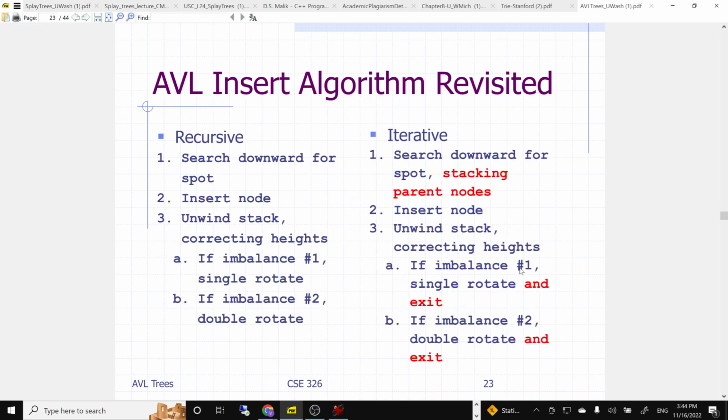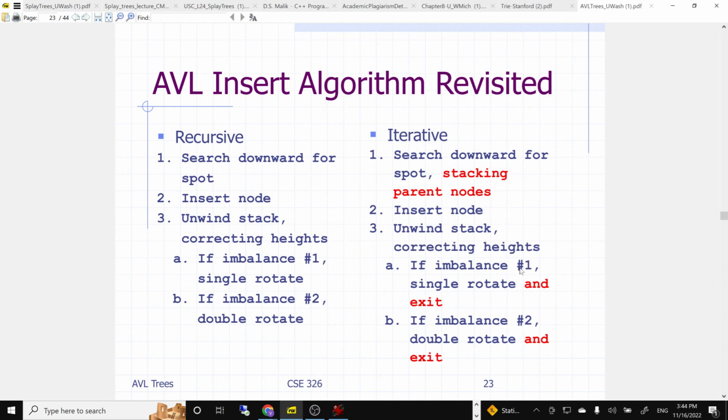So let's revisit this algorithm. Recursive search: you search for a spot, insert the node, and you unwind the stack correcting heights. If you have the first type of imbalance, single rotation, or if imbalance number 2, double rotation. Recursive implementations are probably easiest to implement. For iterative, you need a stack, some sort of stack data structure.